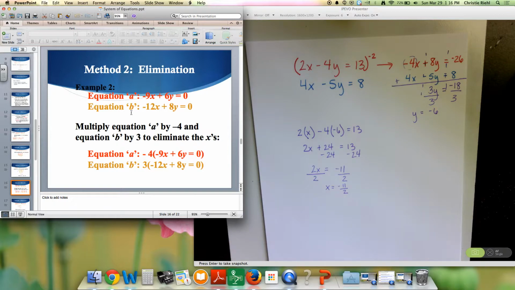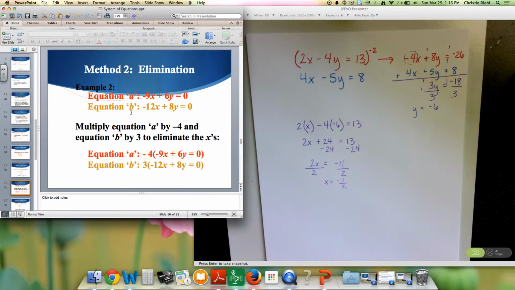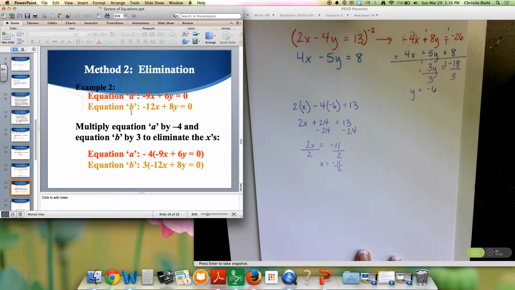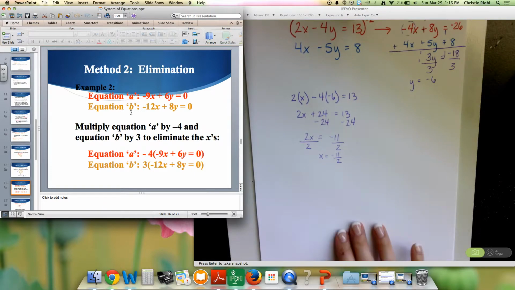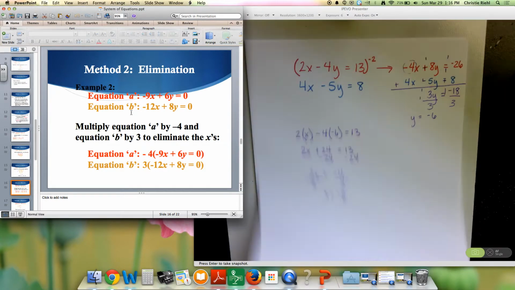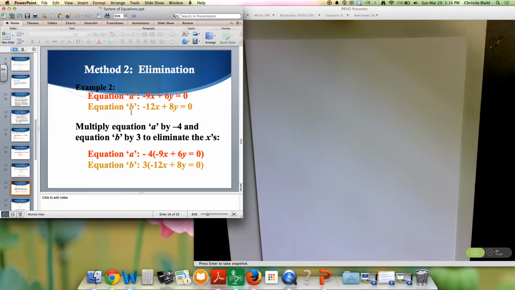All right. So here's a second example where we have to change both equations in order to make that work. So remember when I said earlier you could take the 4 and 5 and make those 20 so that they could be eliminated? We're going to have to do something similar where we have to manipulate both A and B. All right, so I'm going to get a new sheet here for our second problem.